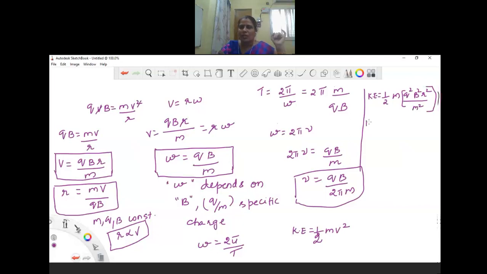Okay, so this m and m get cancelled. You will get q square B square r square divided by 2m.